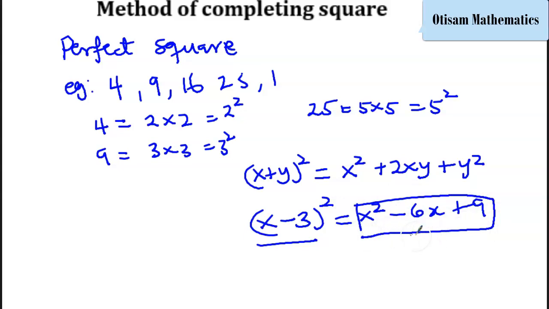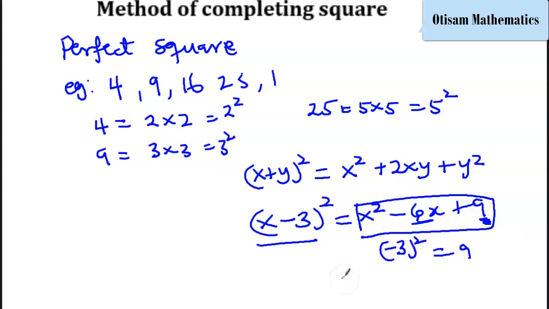It's very simple. You find half of the coefficient of the middle term. This time it is minus 6 divided by 2, which is minus 3. And when you square it, if you get the third term here, then the expression is a perfect square.